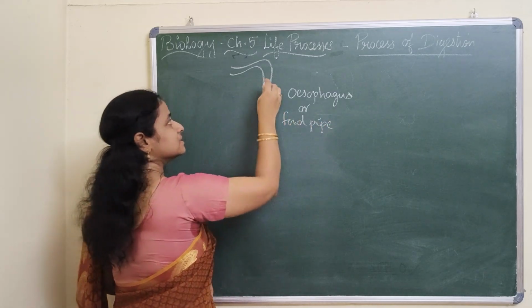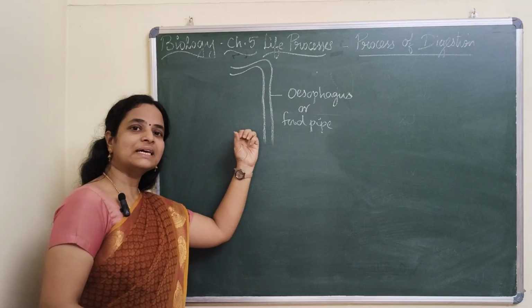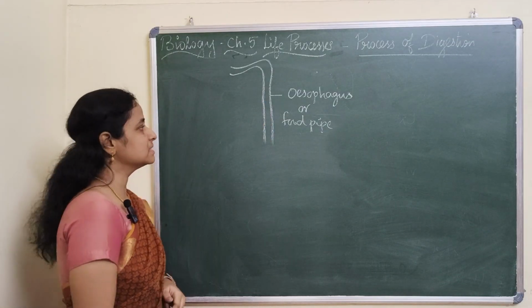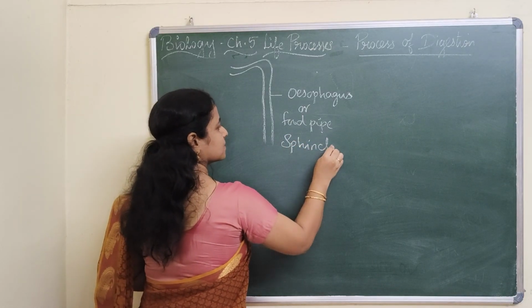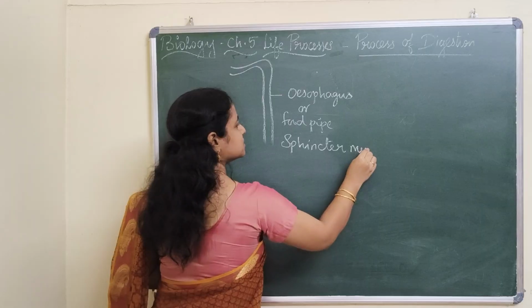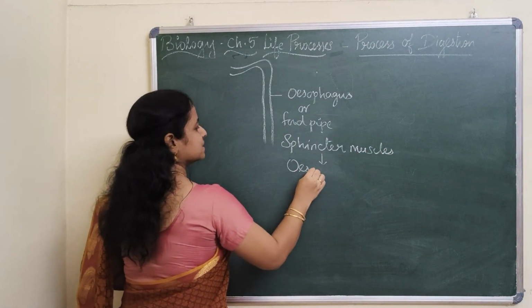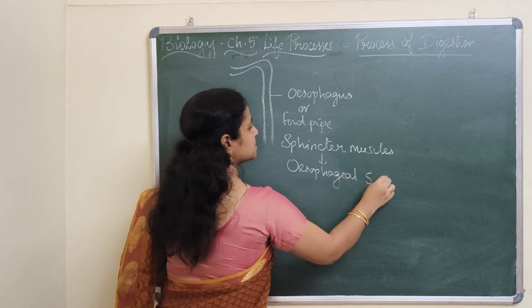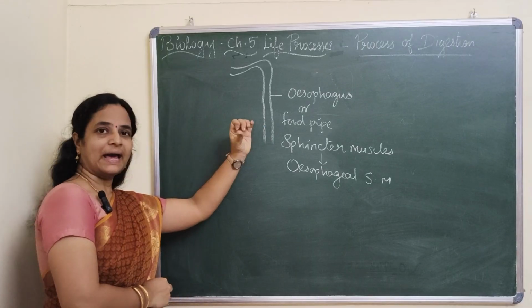So the esophagus helps in easy movement of food by contraction and relaxation of muscles. So we have certain specialized muscles here called the sphincter muscles, especially the esophageal sphincters.